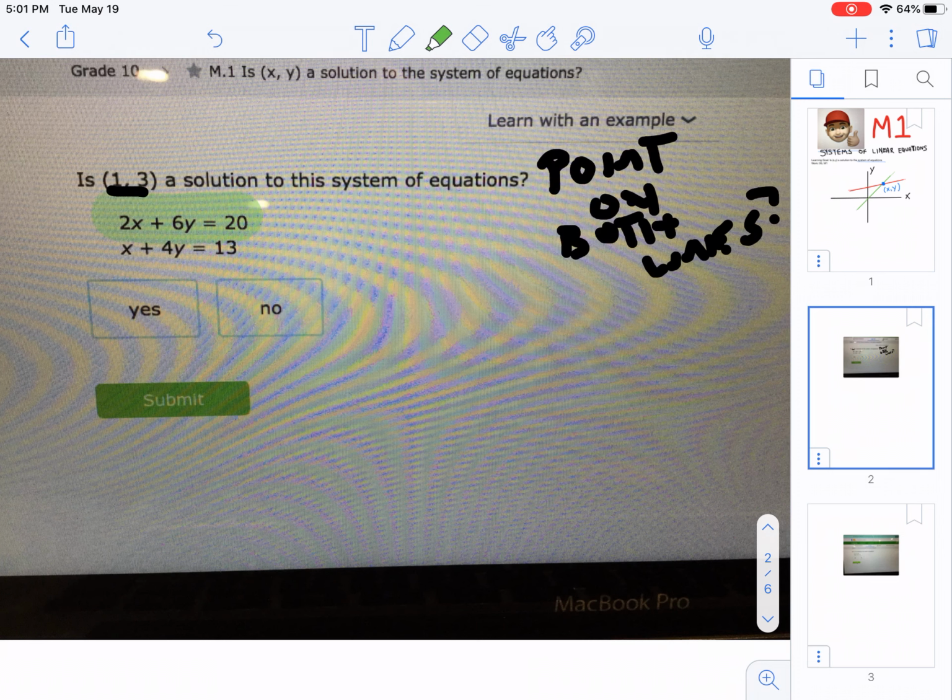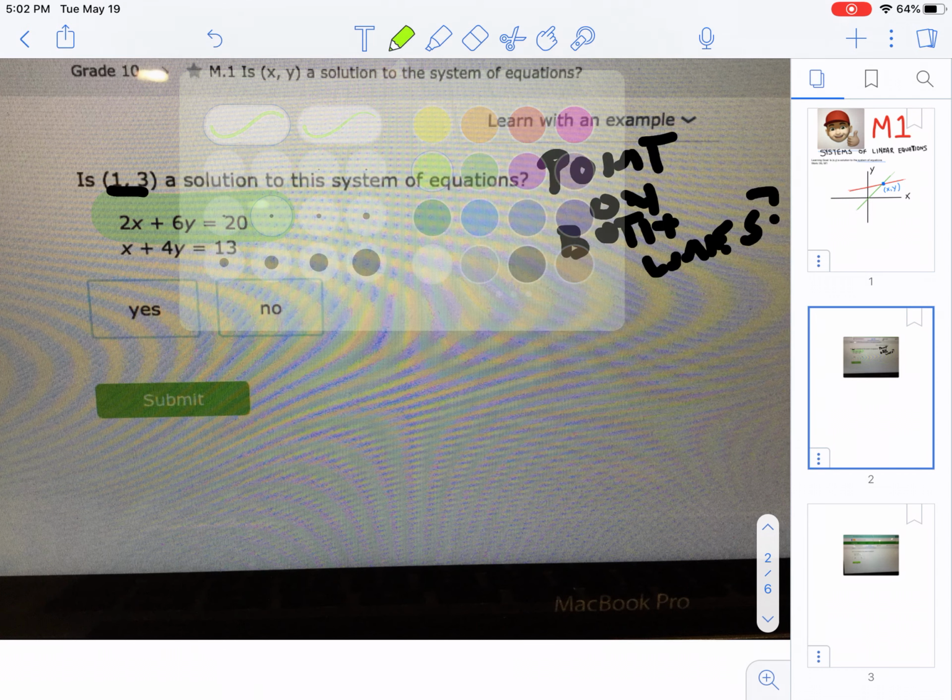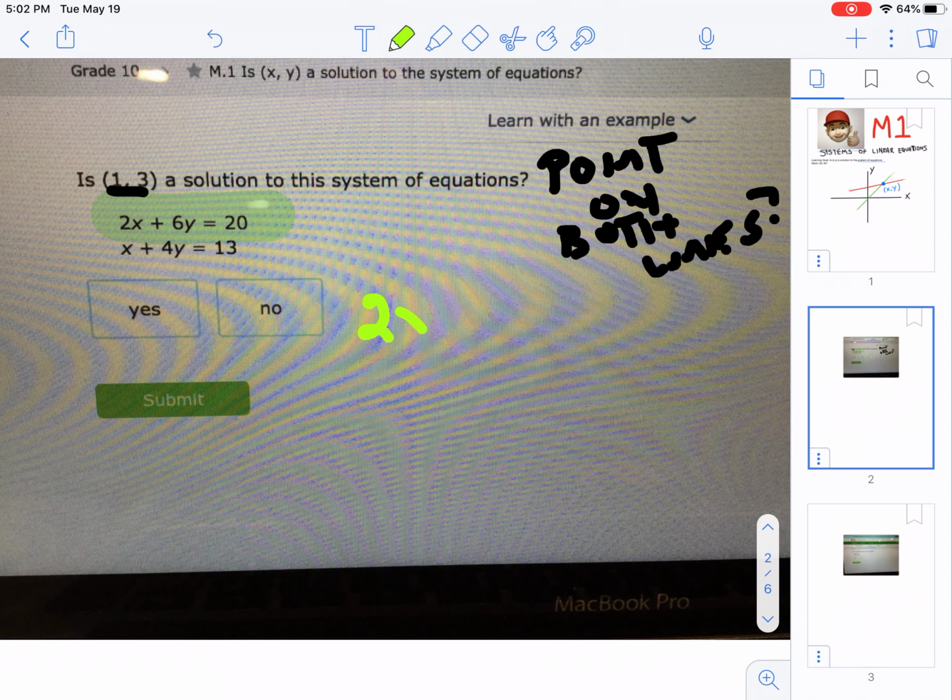this first equation. 2x plus 6y equals 20. What we have to do is take the x value, the 1, and put it where the x is.